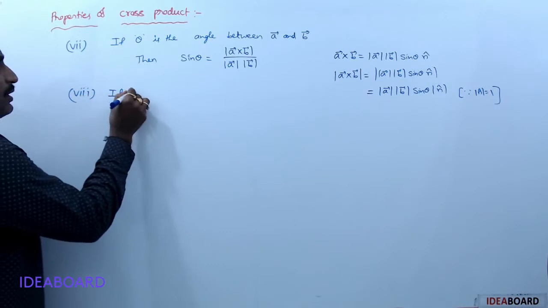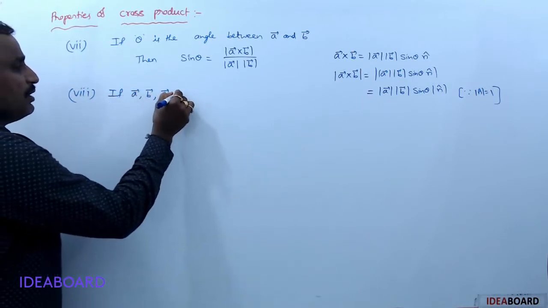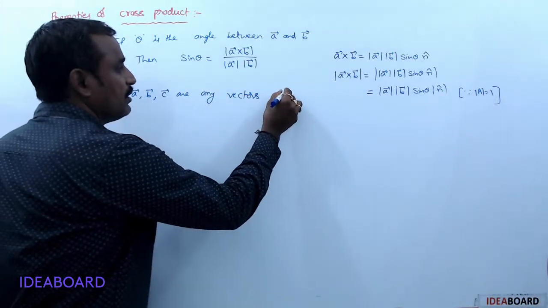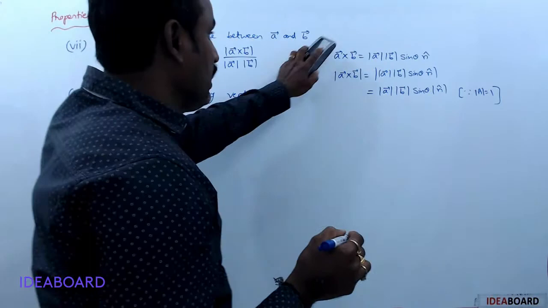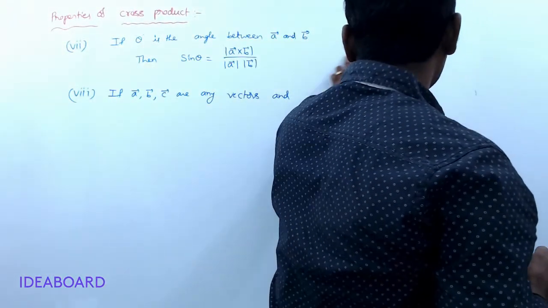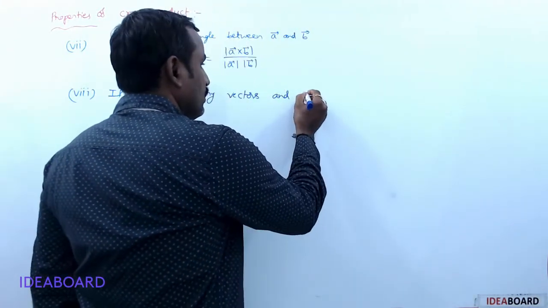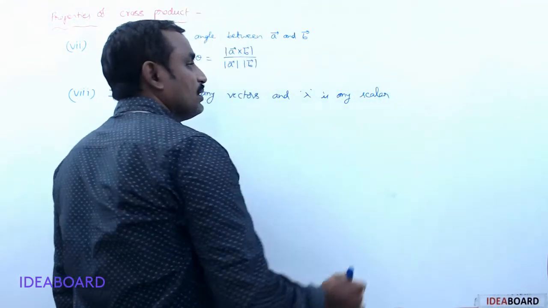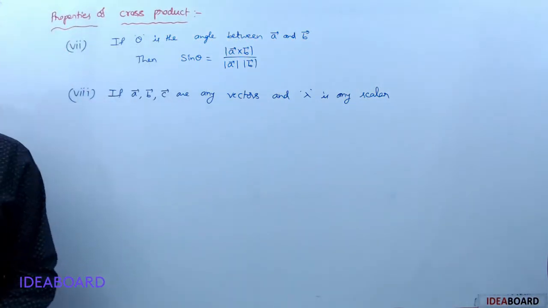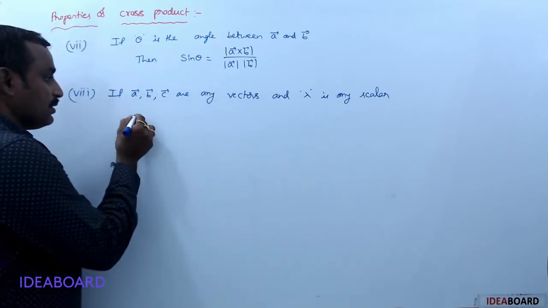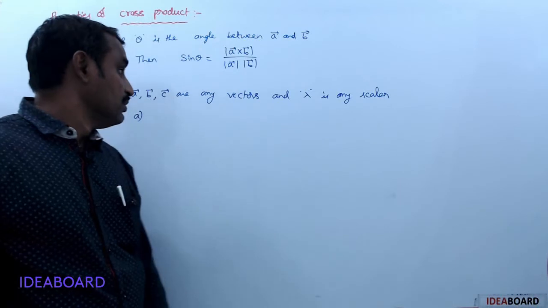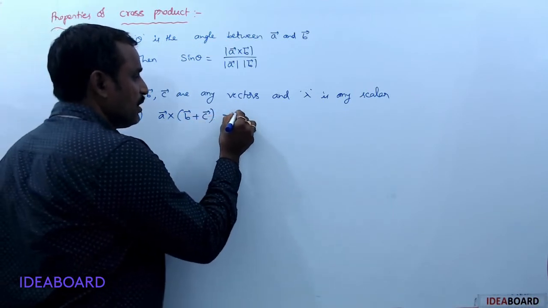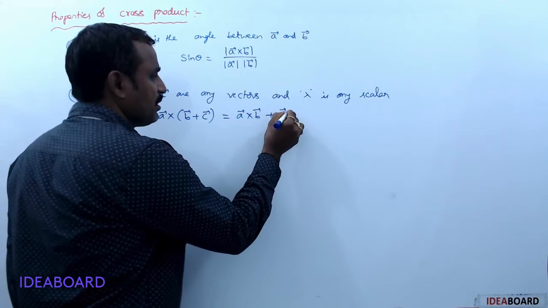if a bar, b bar, c bar are any three vectors and lambda is any scalar, then the first one is a bar cross of b bar plus c bar, this is equal to a bar cross b bar plus a bar cross c bar.